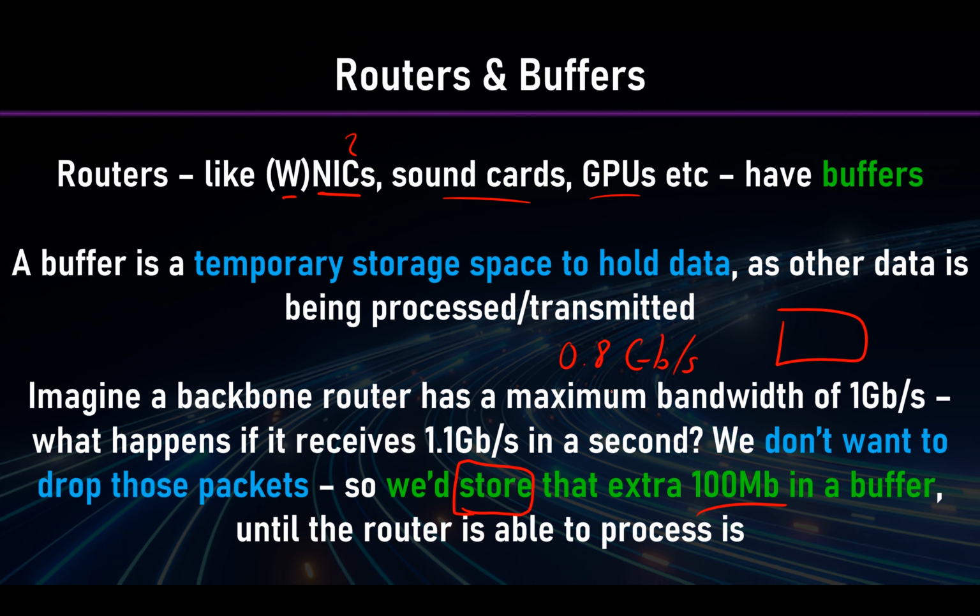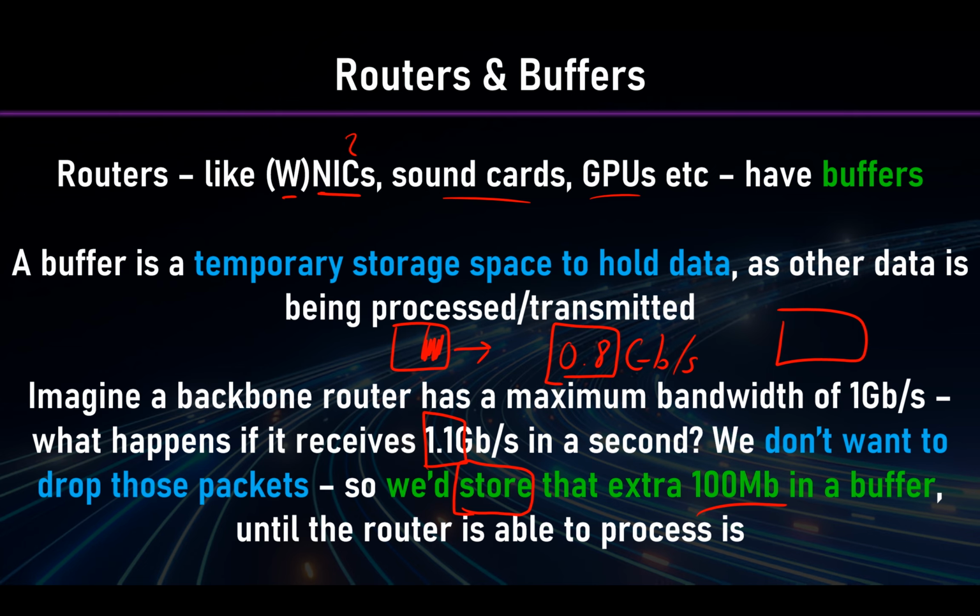Hopefully that makes sense, because here the buffer is being filled up more than we can process the data. But once the incoming data is less than the speed we can send out, anything that's already in the buffer is then going to go out, basically.